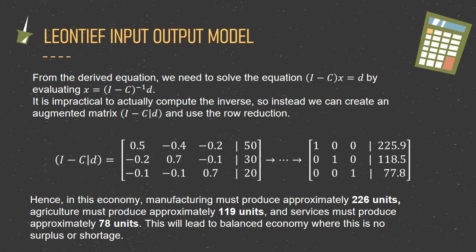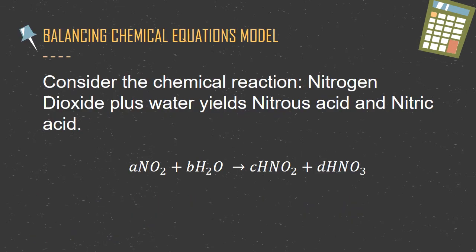Using row reduction, we came up with a result of approximately 226 for manufacturing. And then for agriculture, we have approximately 119 units. And then for services, it must produce approximately 78 units. This will lead to a balanced economy where there is no surplus or shortage.